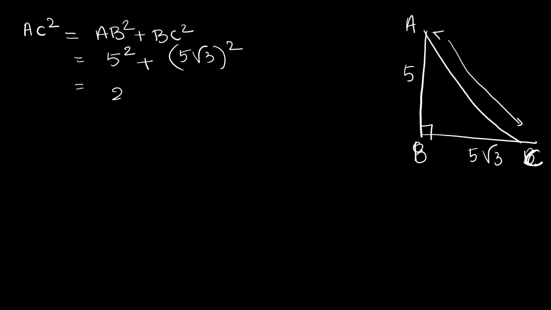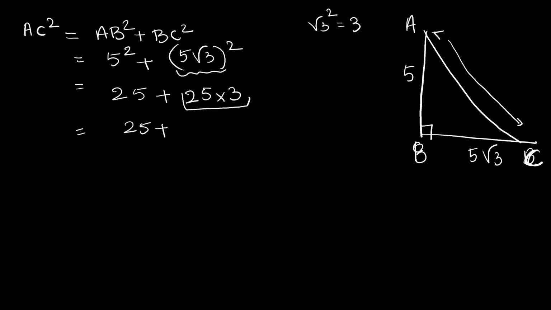This is 5 square is 25 plus 5 square into root 3 whole square. 5 square is 25 and root 3 square is 3. This is 25 into 3. Now 25 plus 25 into 3 is 75, and that is equal to 100.